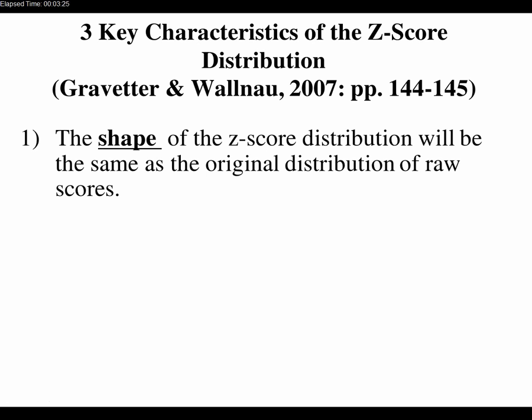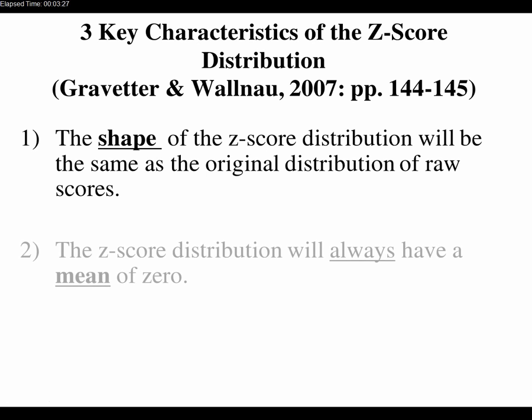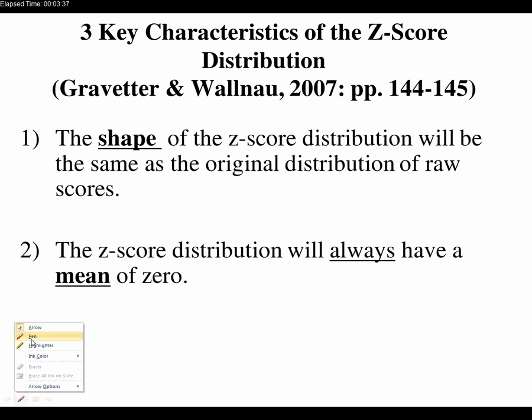So the curve is not changing shape. The z-score distribution will always have a mean of 0. Whoa, isn't that cool? So when we convert to z-scores, what's in the middle? What's the mean? 0. 0 is always going to be the mean.